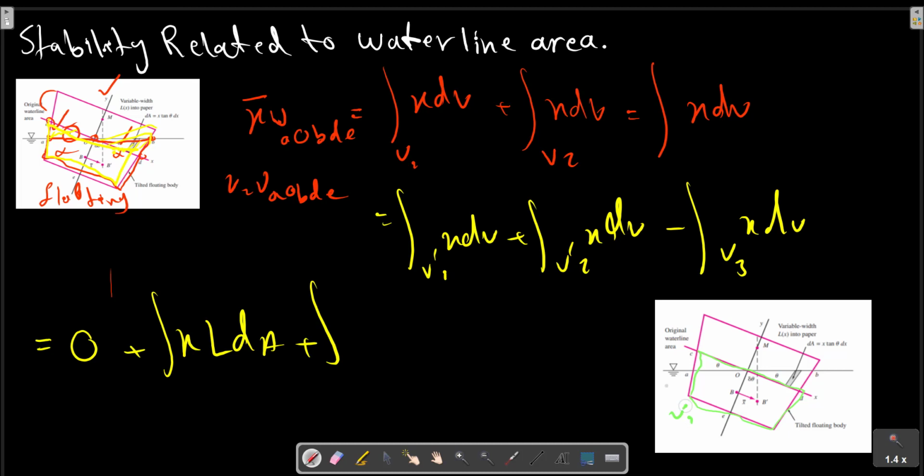V2 is V prime 1 and V prime 2 is this portion of the body. So we should subtract this triangle to result in a shape as the submerged body here, this shape.